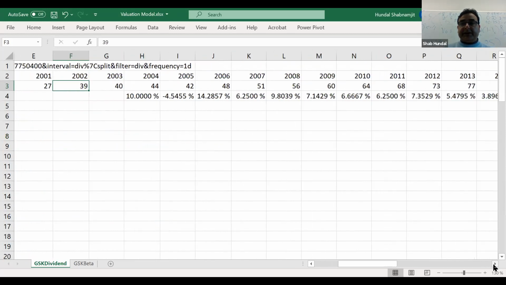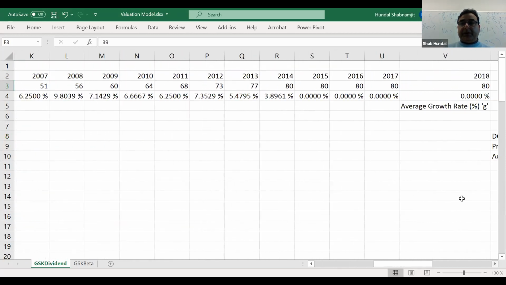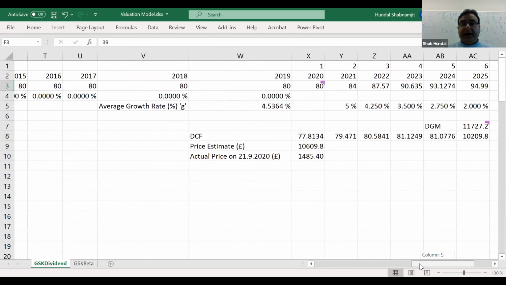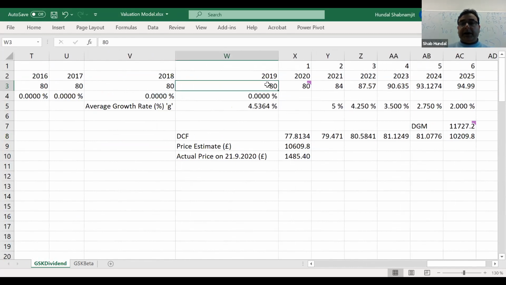And you can see that 2017, 18, sorry, and 19, yeah. I'm not counting 2020 yet, so only 2019, because 2020 is not a complete year yet.